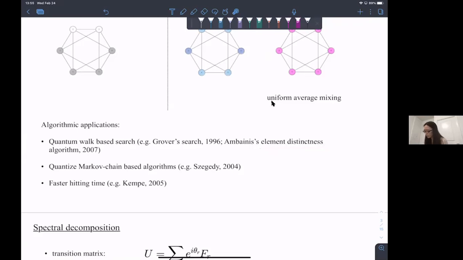Okay. Now in 2004, Szegedy proposed a way to quantize any algorithm that's based on a Markov chain, and then you can compare the hitting time for the classical random walk and the quantum walk and realize there are some differences. For example, Kempe showed that on the hypercube, the quantum walk can hit exponentially faster than the classical random walk. So that is some phenomenon we can use if there are quantum computers.